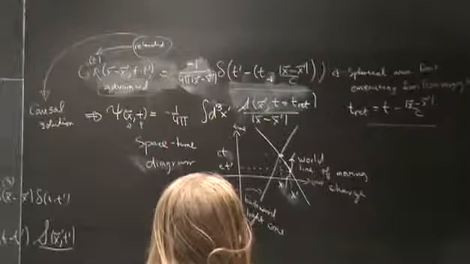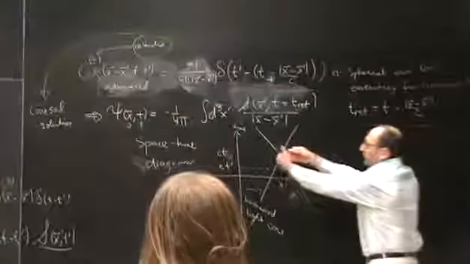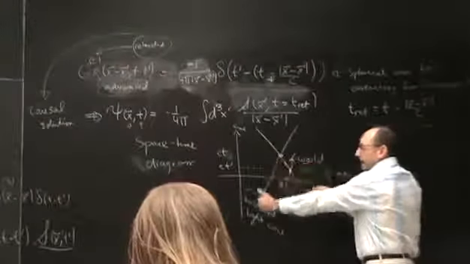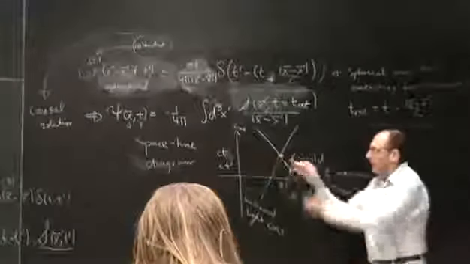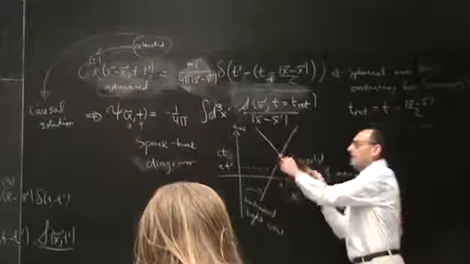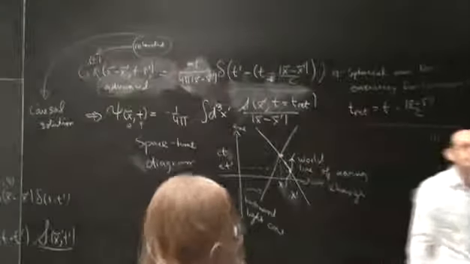Meaning to say, these are all the space-time points in my past, corresponding to this current time, that correspond to a light signal that can reach that point.